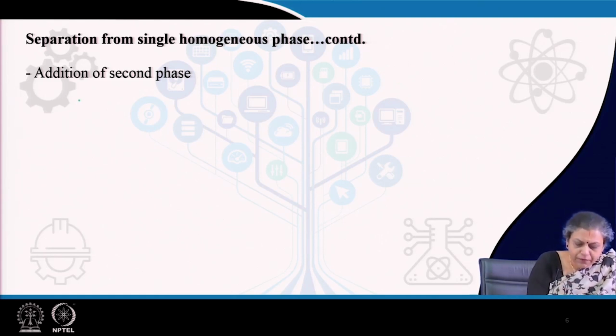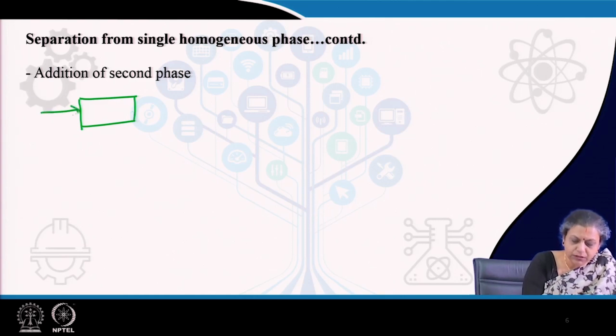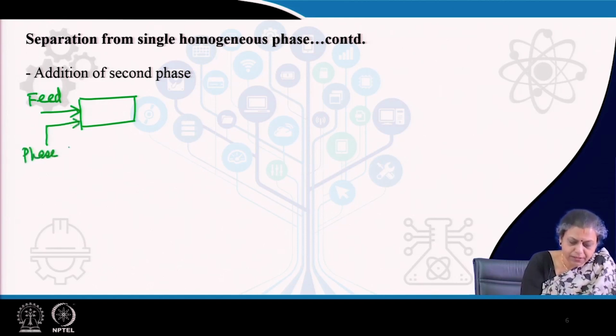Say we have got a feed. We add a second phase, an auxiliary phase, which can also be called a mass separating agent.